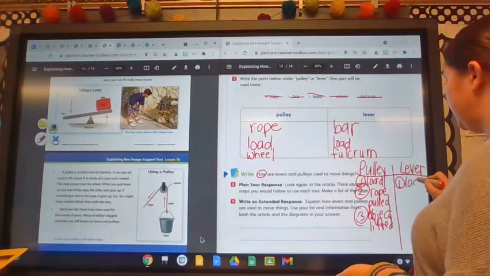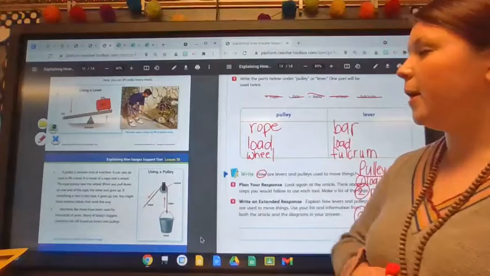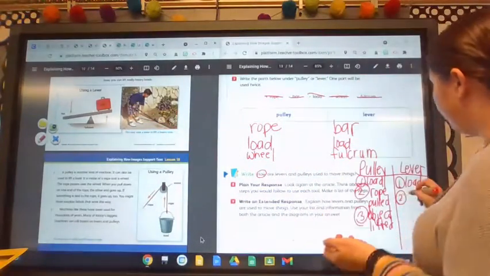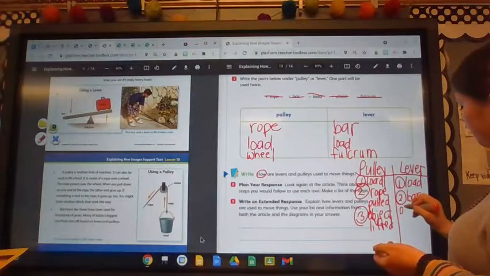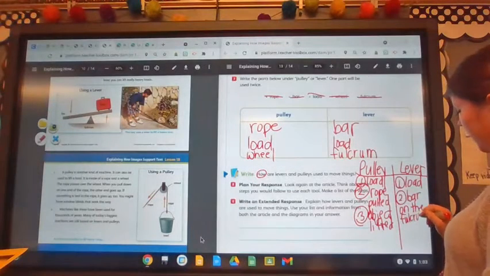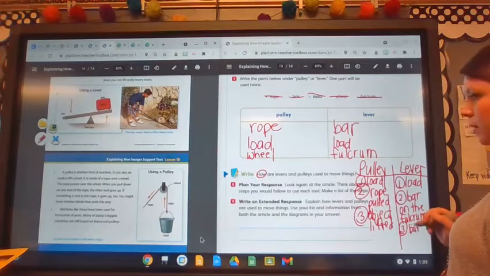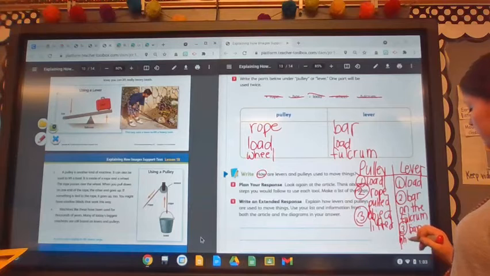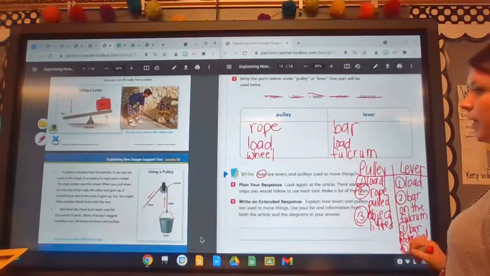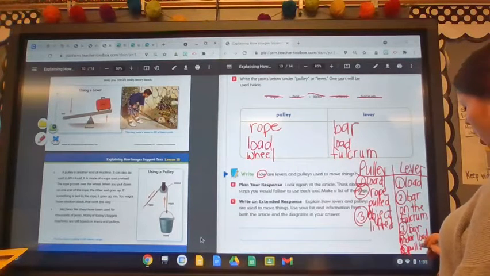The first thing we need is a load. What do we need to do to be able to use a lever? We need to put the bar on the fulcrum. We need to put the bar under the load. And then we need to pull down, right? Pull the bar down.